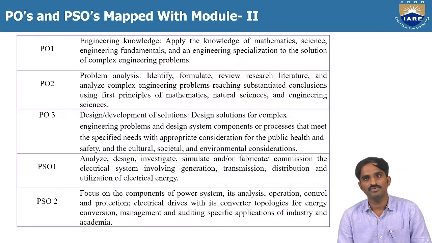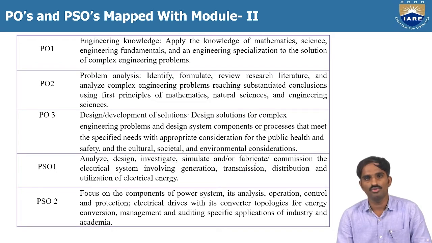And the next one: how these course outcomes are mapped with the POs and PSOs. As we know, we have a total of 10 program outcomes as well as 3 program specific outcomes. So here, how are we going to achieve these program outcomes with the course outcomes?